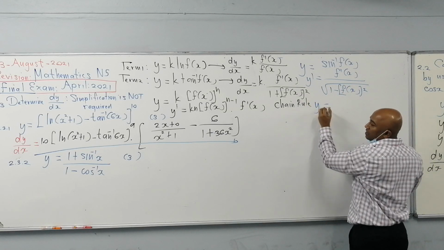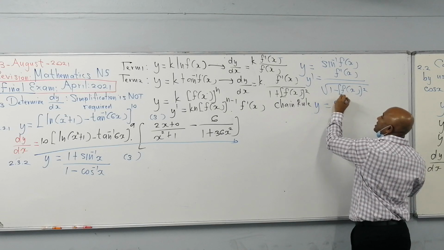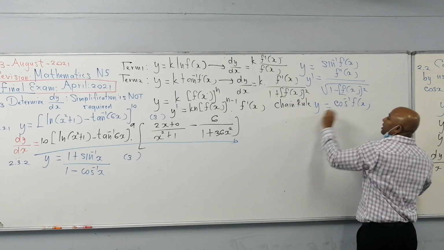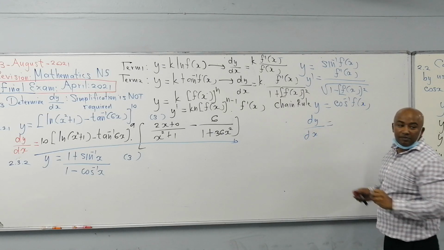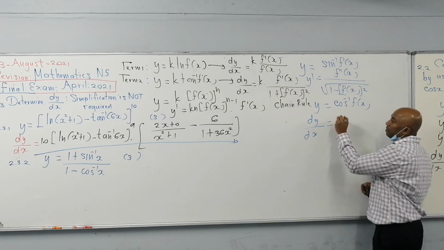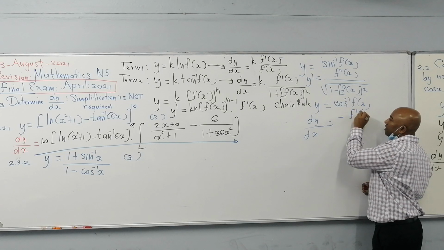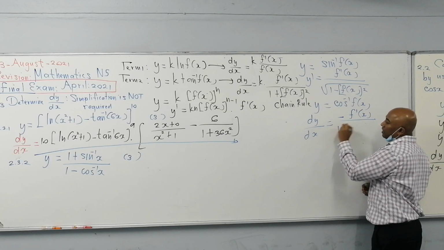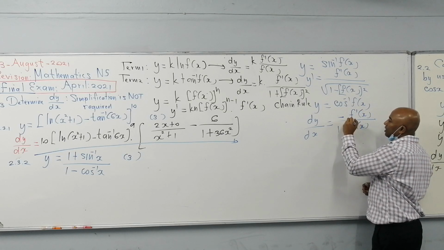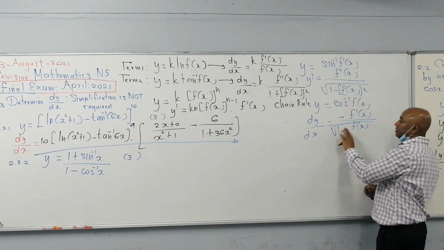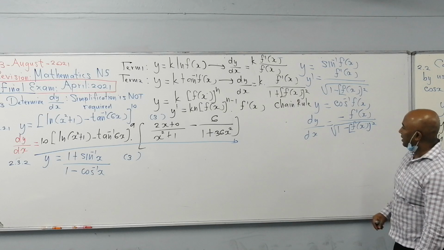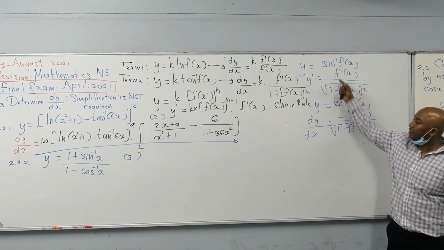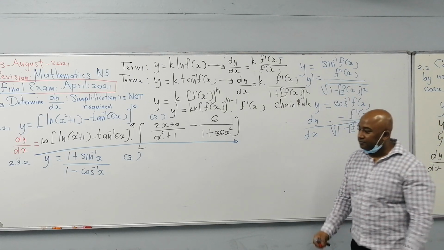And then if y is equal to inverse cos f of x, then your first derivative, the only difference between inverse sine and inverse cos is going to be minus, that will be f prime x all divided by the square root of 1 minus f of x all squared. The only difference between these two are the signs there.